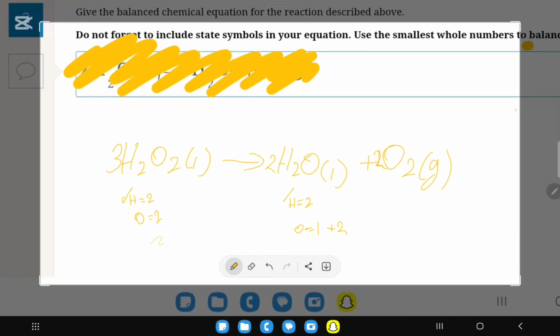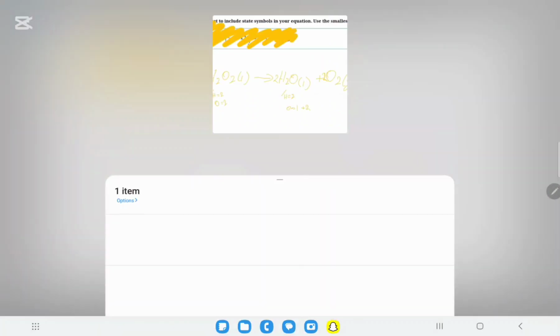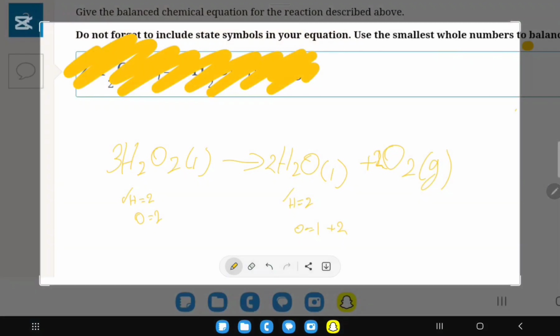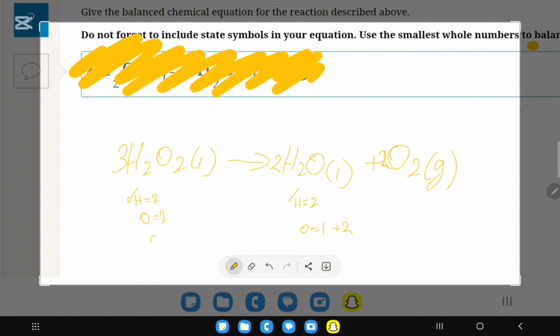So here we now have, let's try this. 3 times O2, for O is now 6, and 2 plus 2 O2, 4.